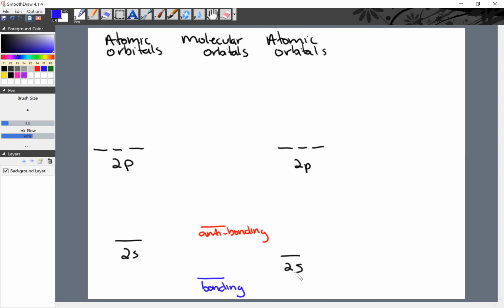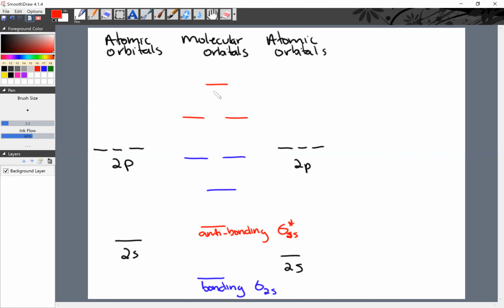So this one came from 2s, so we called it the sigma 2s. This one also came from the 2s, so it's anti-bonding, so we call it sigma 2s, and then the little asterisk for anti-bonding. And then the electrons would go in. Well, the same thing will happen with these p orbitals. Now, generically, we put one lower, two higher, and then two, and then one.